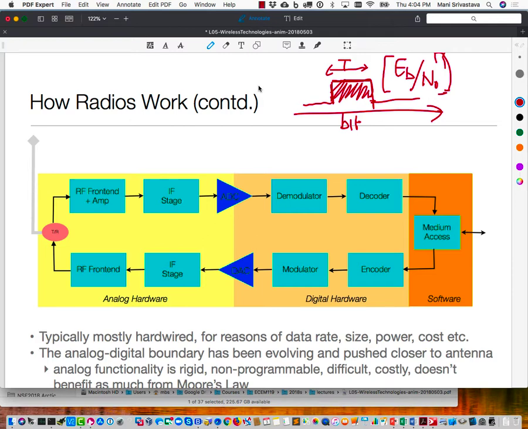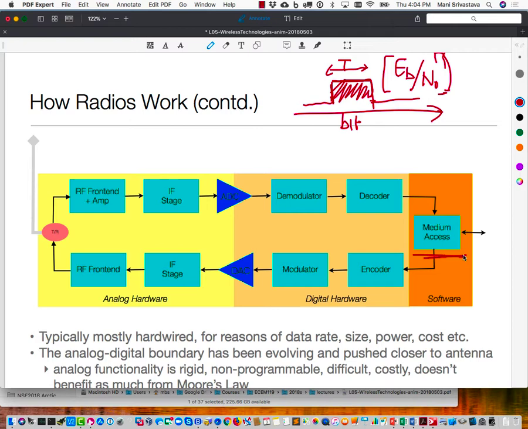And very loosely speaking, you can think of it as divided into this topmost layer, which is the so-called MAC layer, which is responsible for arbitrating access to the wireless channel. So that's the medium access control part. And then, depending upon whether it's your turn to transmit or receive, in case of the transmit path, we go through this process.